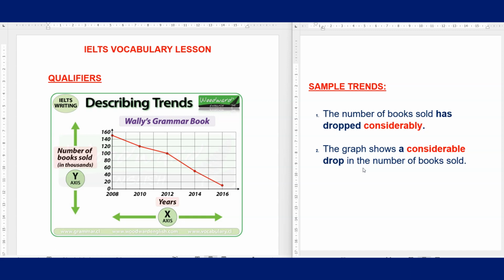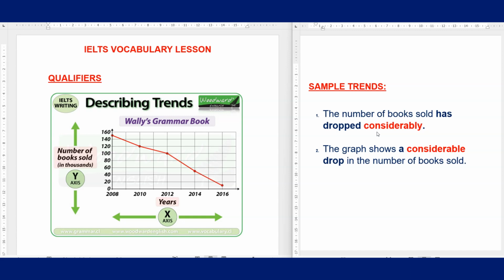We have learned that these words, the adjectives and also the adverbs, will give us a more accurate description of the trend. So we don't just say that the number of books dropped. Yes, it did, but how far did it drop? That is why you should consider these qualifiers very important.